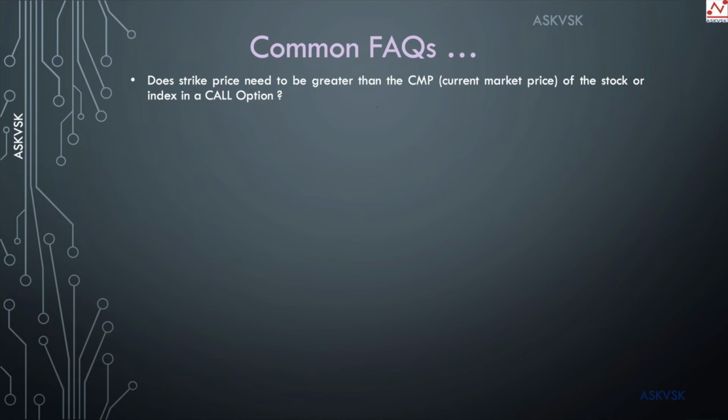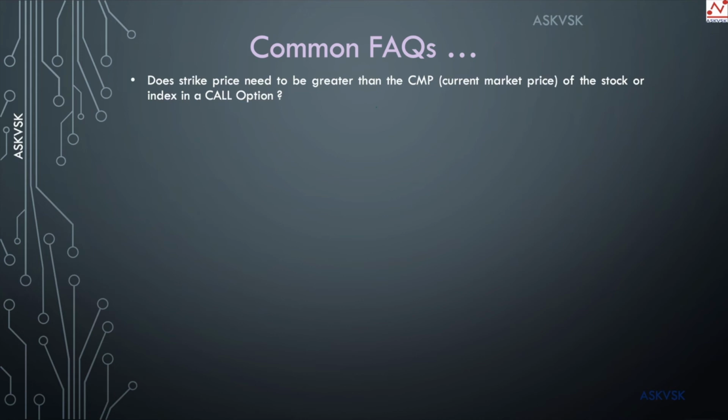It's at 2000, so the rupees 100 is already there, which you can profit. Okay, so the premium for the 1900 strike price will be much greater than the premium that you pay for, say for example 2100, right?